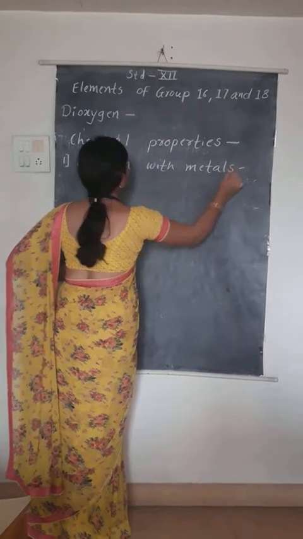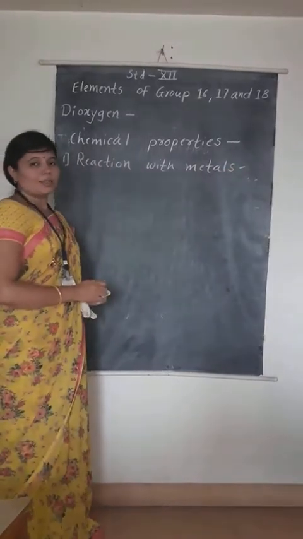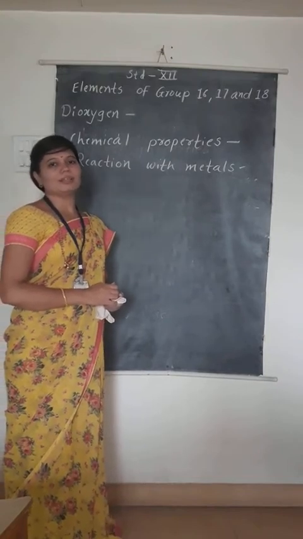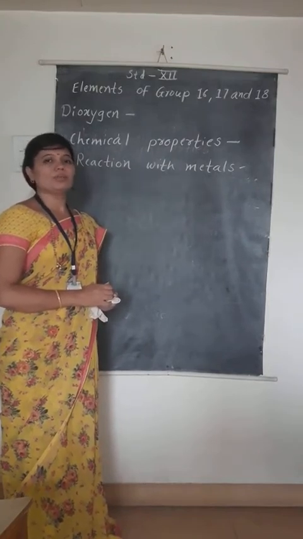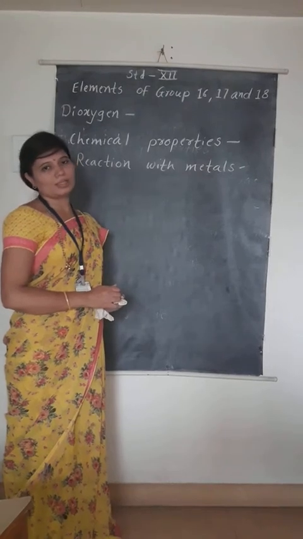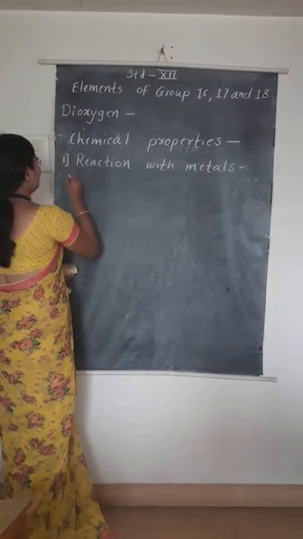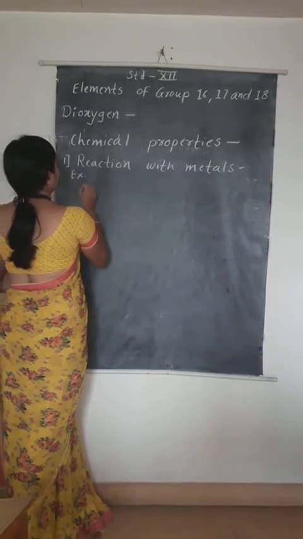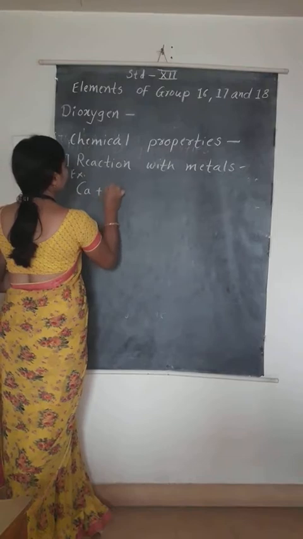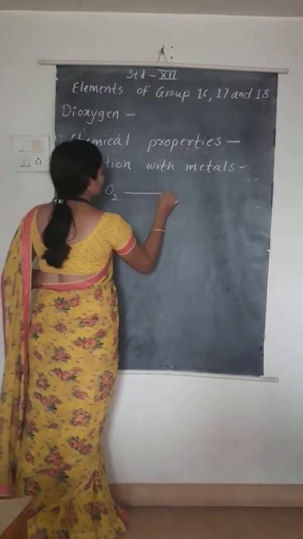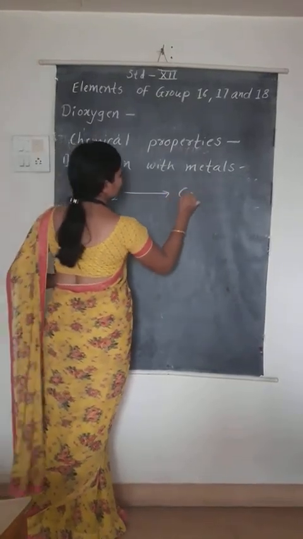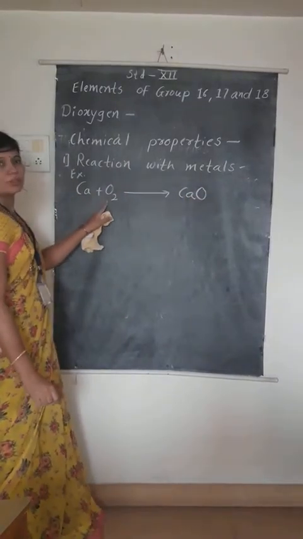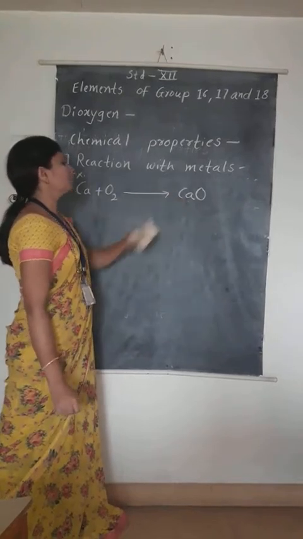Except iron and platinum, dioxygen reacts with almost all metals to give the corresponding oxides. For example, calcium, when reacted with dioxygen, gives calcium oxide. Calcium on reaction with oxygen gives the formation of calcium oxide.